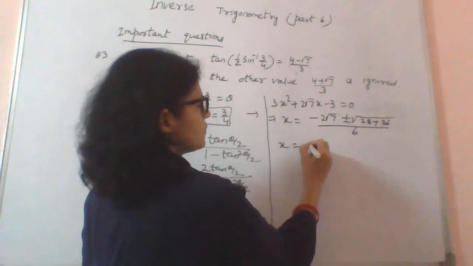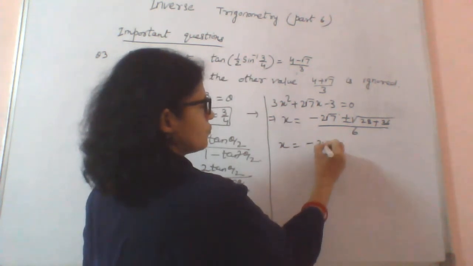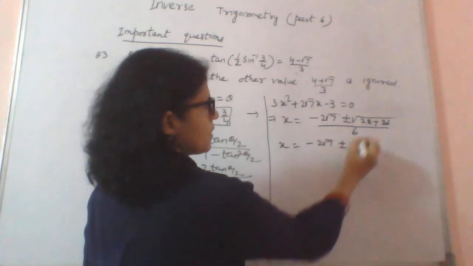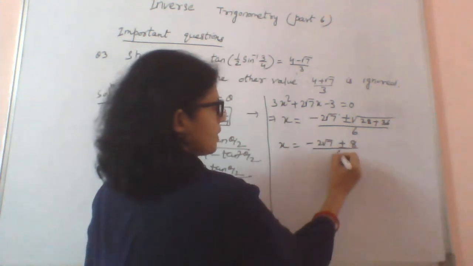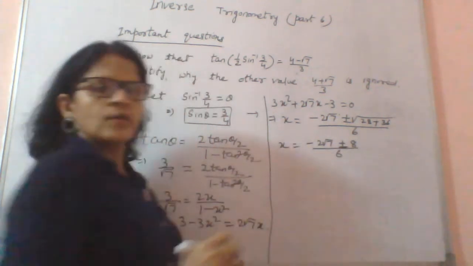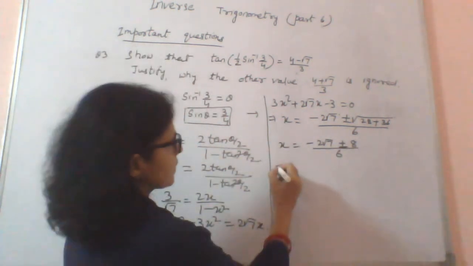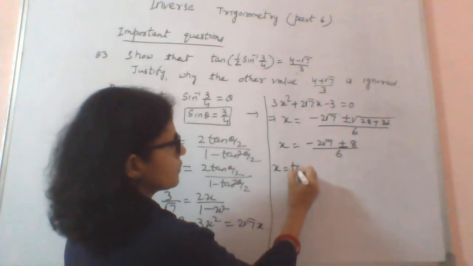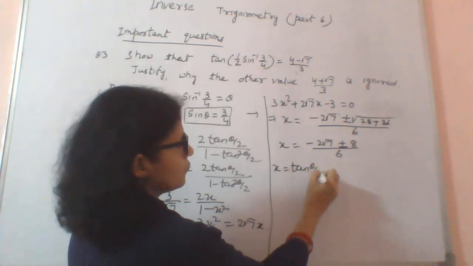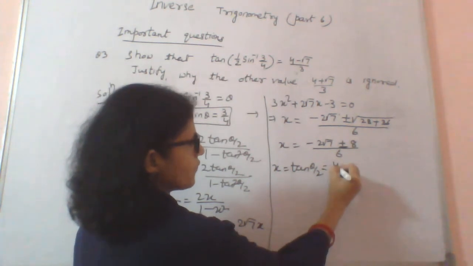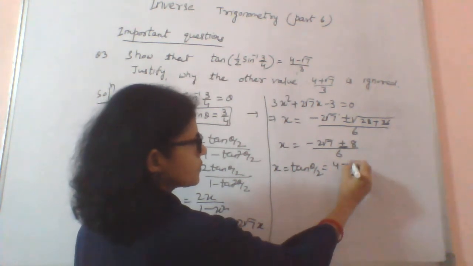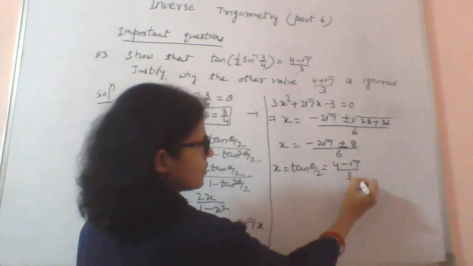So x is minus 2 root 7 plus minus, here it is 8, divided by 6. Okay, you are getting 2 roots, so x that is equal to tan theta by 2, that is equal to 1 is 4 minus root 7 by 3.